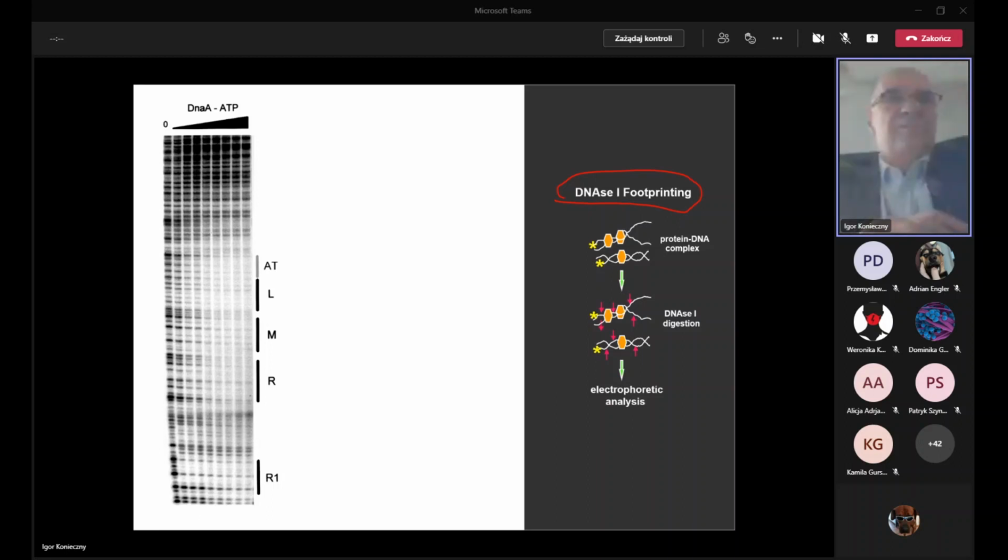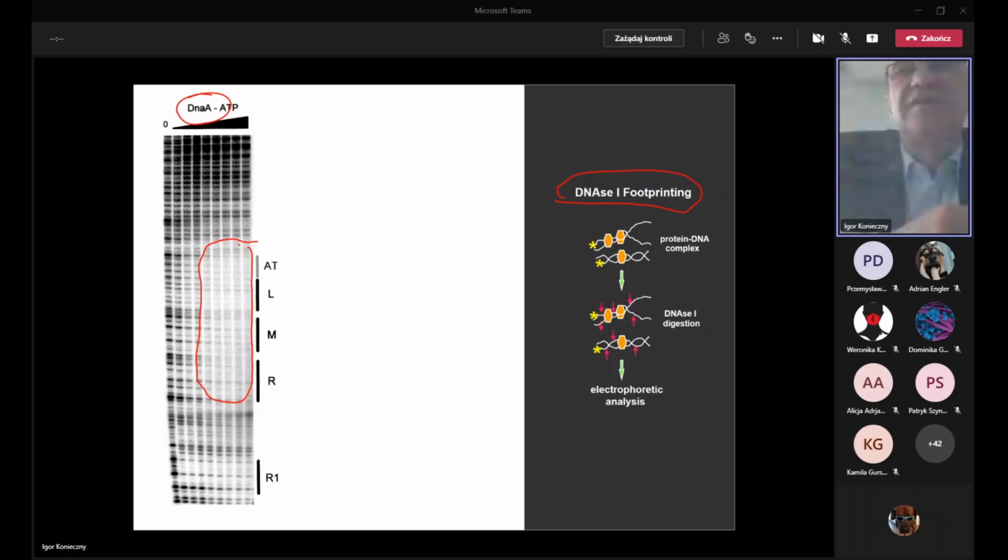And this is how you do this, and this is the picture of a gel, and you can see bands and some lighter regions of the gel which are protected by the protein-DNA interaction in these sites, protected from degradation by the enzyme called DNase-1.